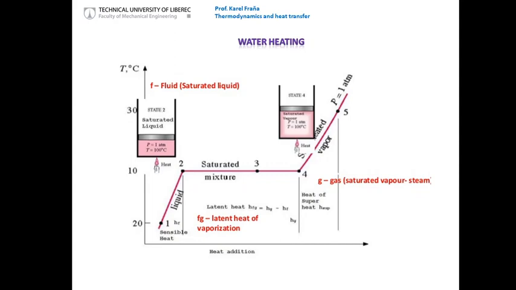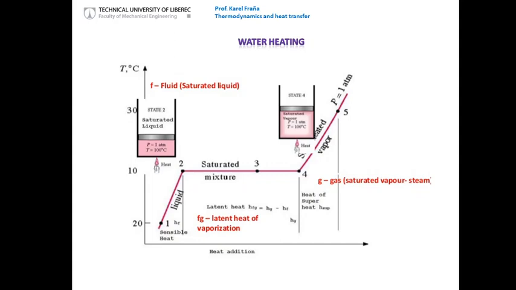The process which I have just described, using the lines or the points lying on these lines, is called water or vapor or steam generation. This is the so-called isobaric process. Please keep in mind, we are talking about isobaric warming or isobaric evaporation.